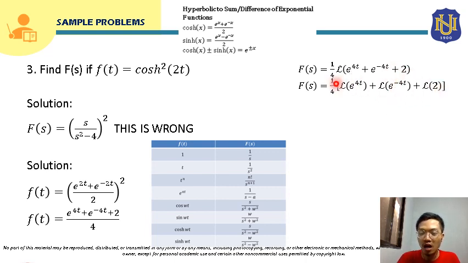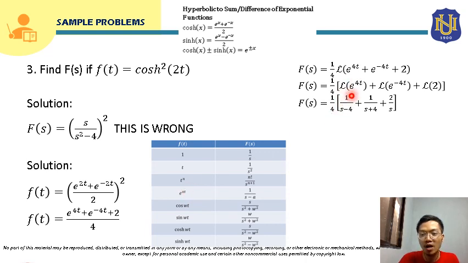As we know, this is already available from the table. We know the Laplace transform of e raised to 4t, Laplace transform of e raised to negative 4t, and the Laplace transform of 2, so we can directly solve for them. For the Laplace transform of e raised to 4t from the table, our a here is 4.